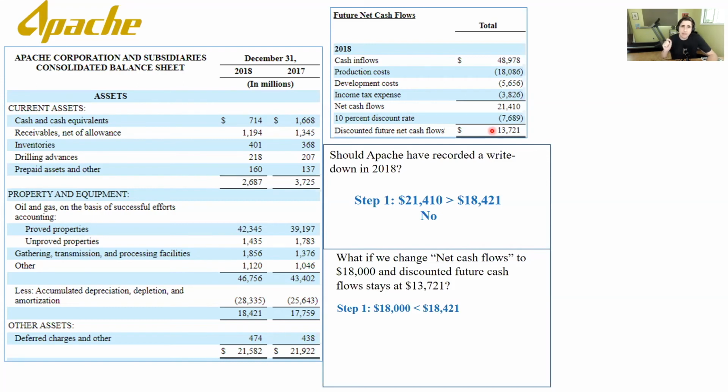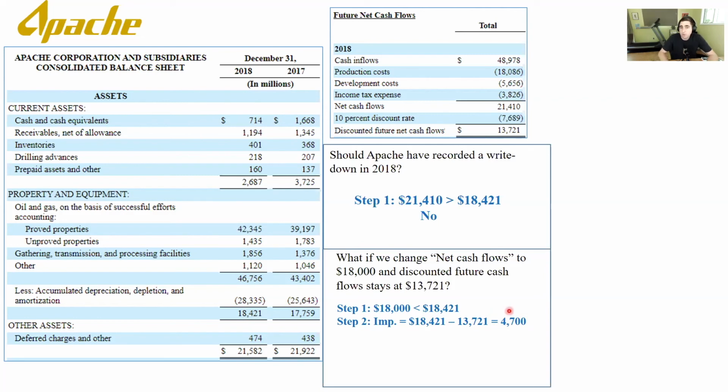So that means that we'll need to proceed to step two of the two-step PP&E impairment test. And step two is to calculate the impairment. So the impairment is equal to the book value minus the fair value, where the fair value is the discounted future net cash flows of 13.7 billion. So 18,421, we need to write that balance down to 13,721. So the amount of our write-down is $4.7 billion.